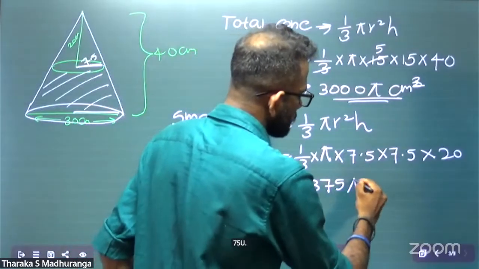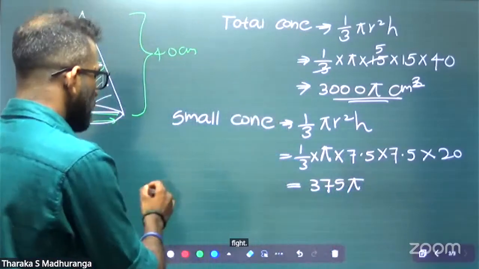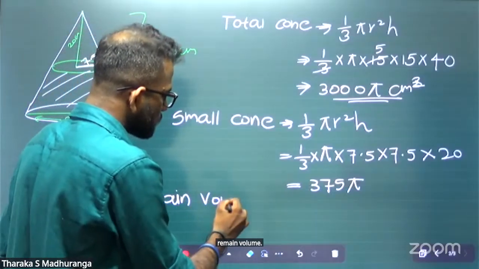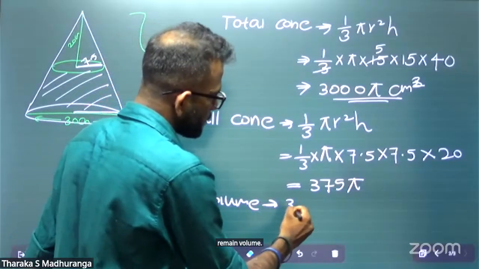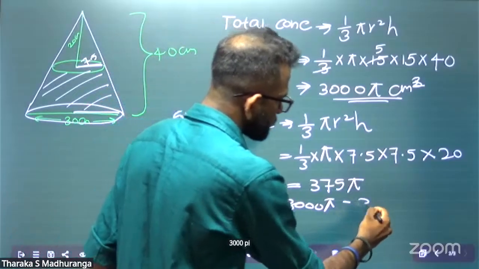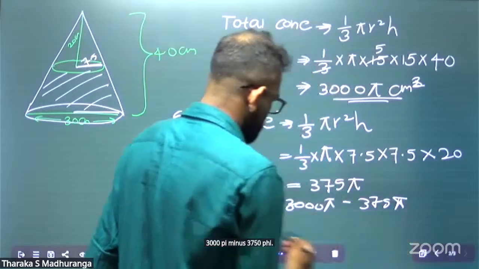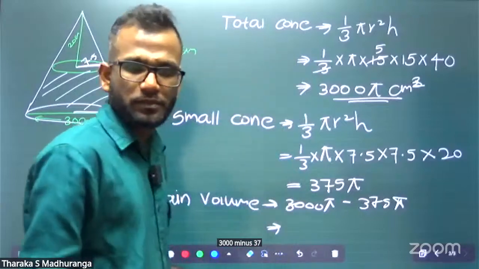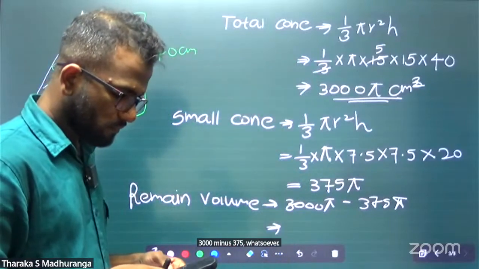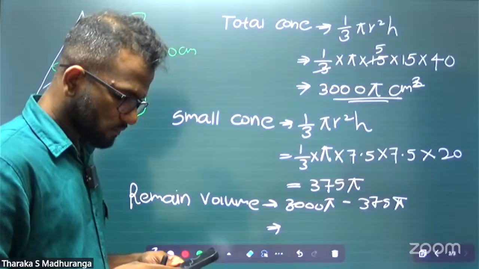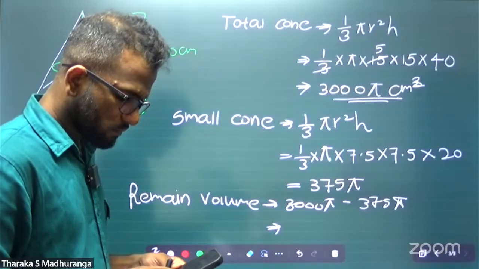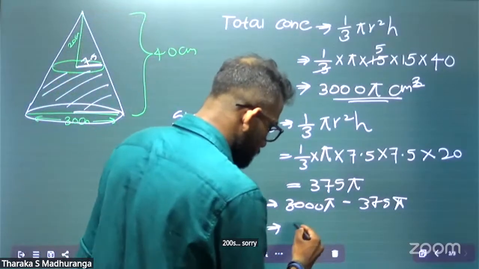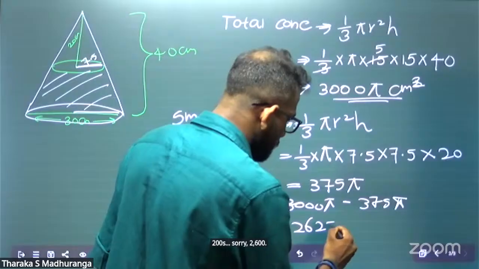Then the remaining volume is 3005 minus 375 5. 3000 minus 375, what's the value? 2625 5.